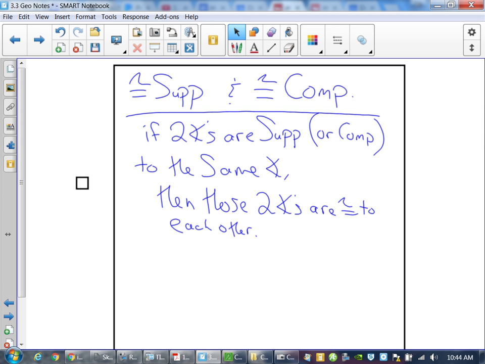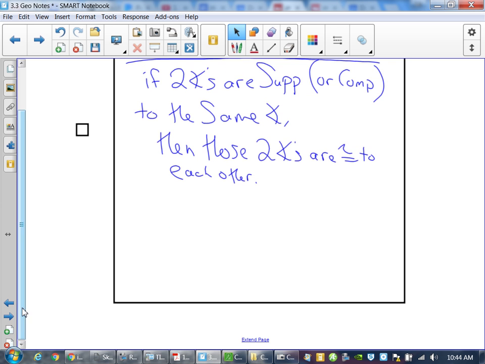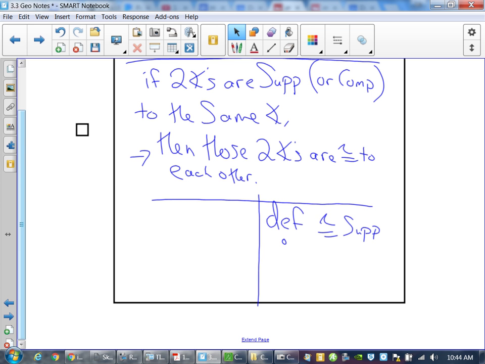Now, what'll happen in a proof though, it's not always going to be given to you that you can do this. It's like a trick. There's no statement that you can come up with, but there's always going to be some reason that you can say that two angles are congruent to each other because of the definition of congruent supplements, or it could be the definition of congruent complements.